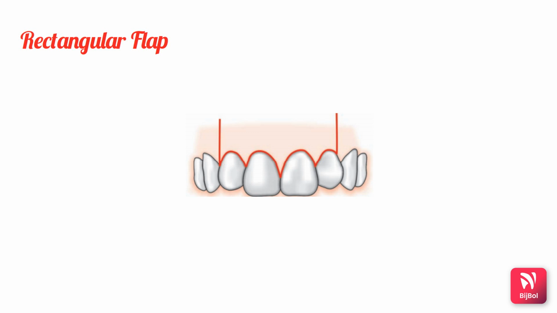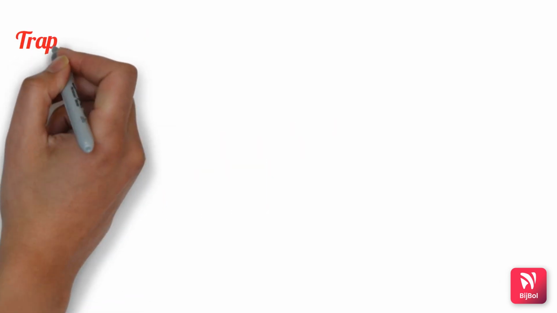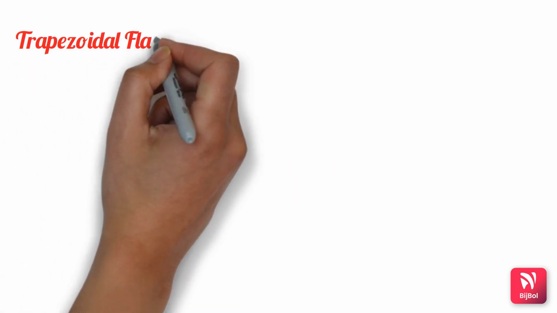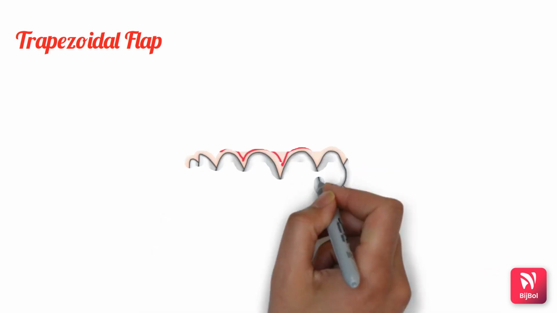The advantage is enhanced surgical access and easier apical orientation with excellent wound healing potential. But the disadvantage is that wound closure, flap reapproximation and post-surgical stabilization are more difficult than with the triangular flap.